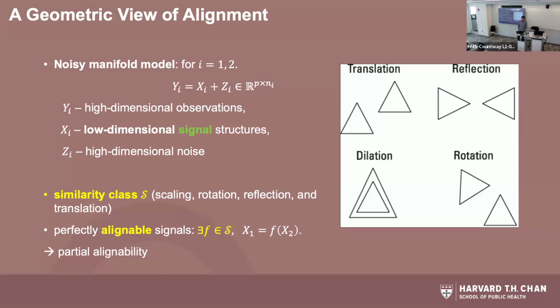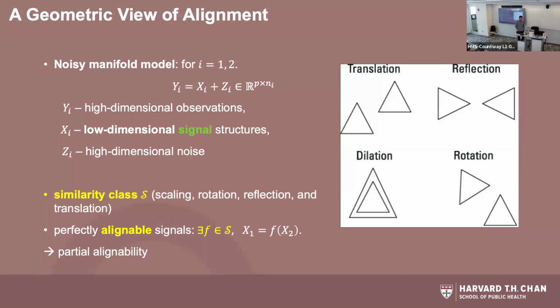And we consider the transformations to be any combination of these 4 different kinds of operations, which essentially makes this class of similarity transformations.